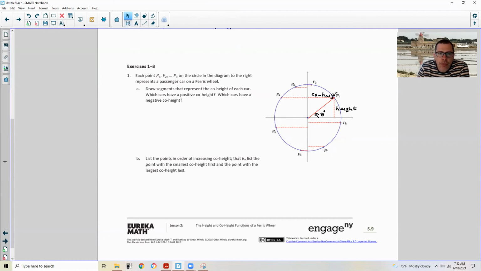Okay, so positive Kohheits, that means when we're going to the right is positive and going to the left is negative. So this is 0, here's -1, -2, -3, and so on. So any Kohheit to the right of this axis is positive. So positive Kohheits and negative Kohheits.